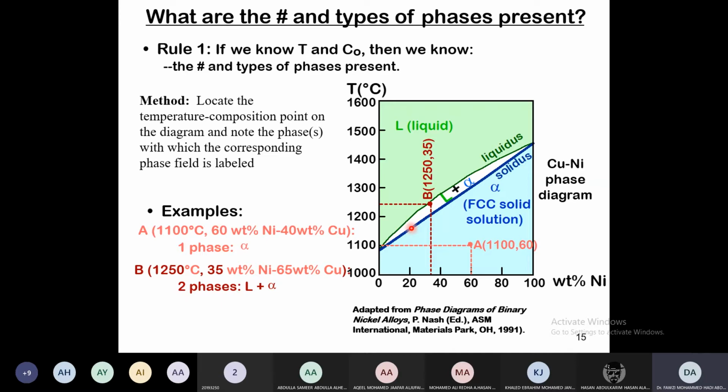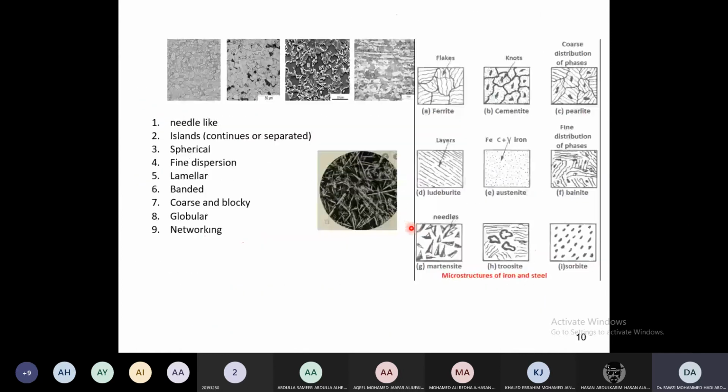We can know how many phases we have, what the phases are of that alloy, what is the composition of each phase, and what are the proportions of each phase.